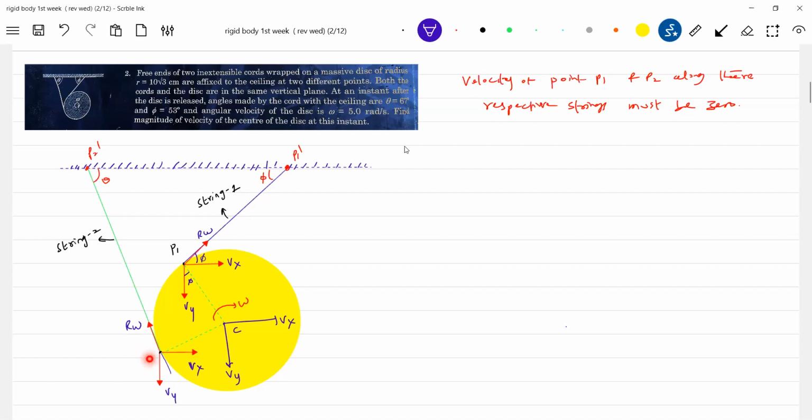And this should be theta. If this is theta, this should be theta.